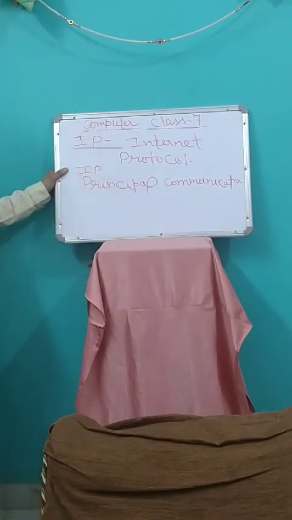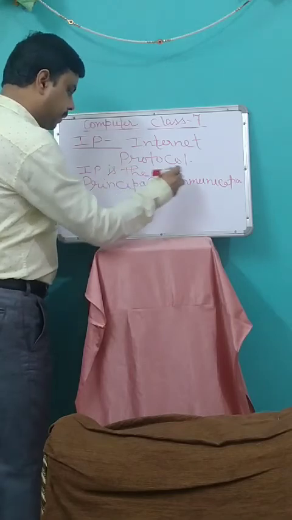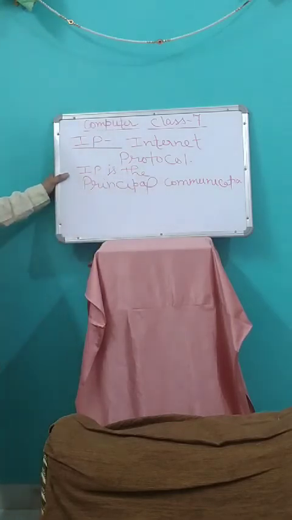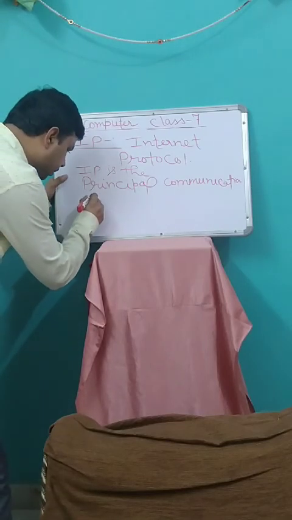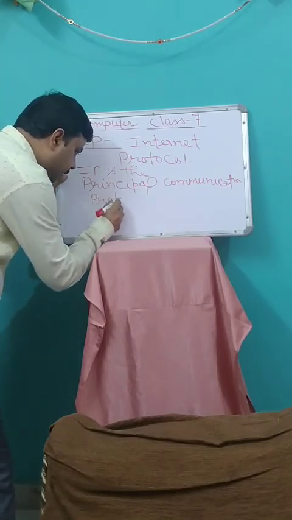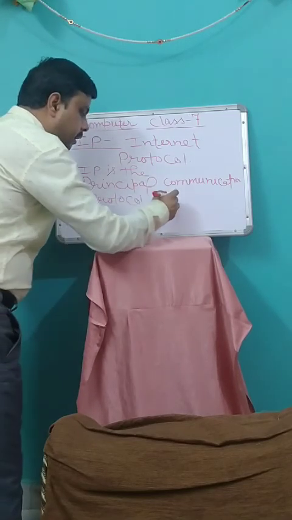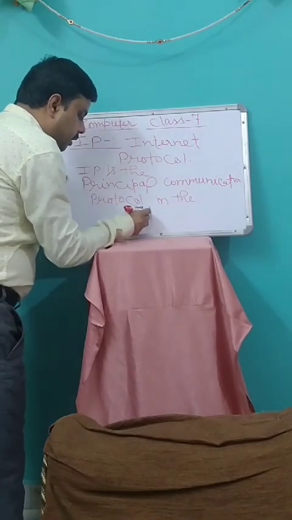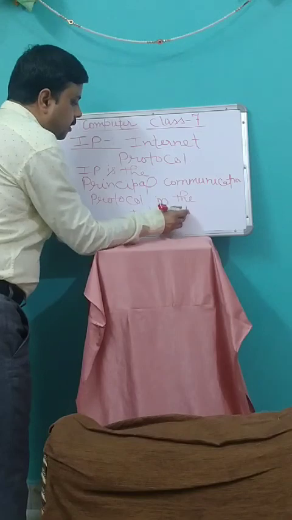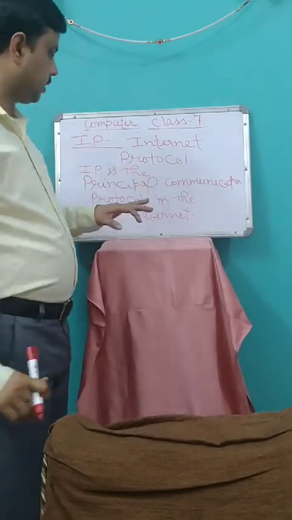IP is the principal communication protocol in the internet. Is it clear, class? Yes. IP is clear. So class is over.